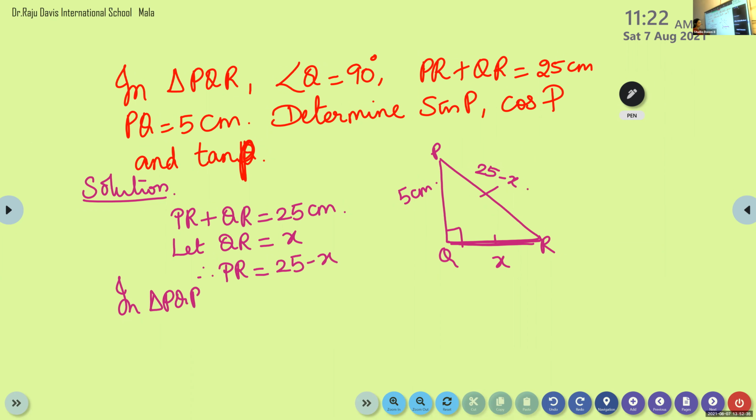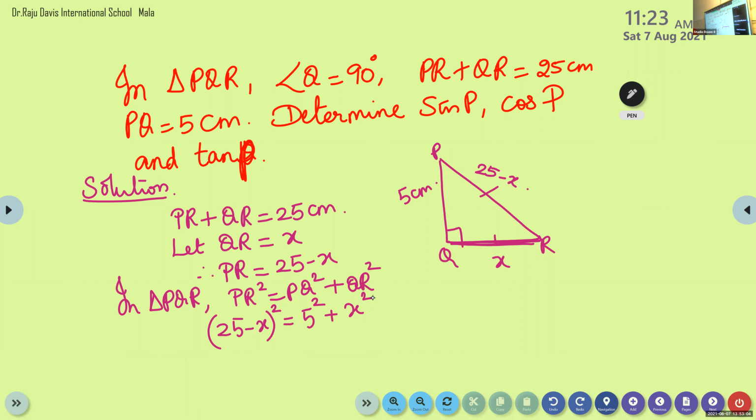Using Pythagoras theorem in triangle PQR, PR square is equal to PQ square plus QR square. Substitute the values: (25 minus X) whole square is equal to 5 square plus X square.